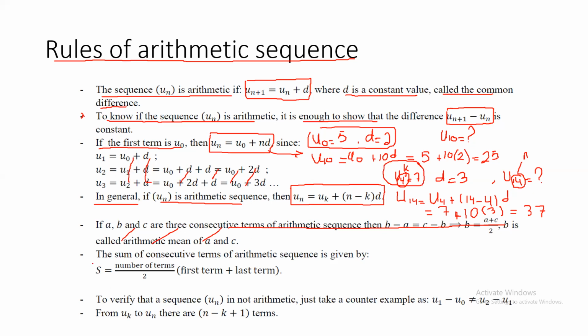And we go to the last rule of arithmetic sequence, the sum of terms of arithmetic sequence.